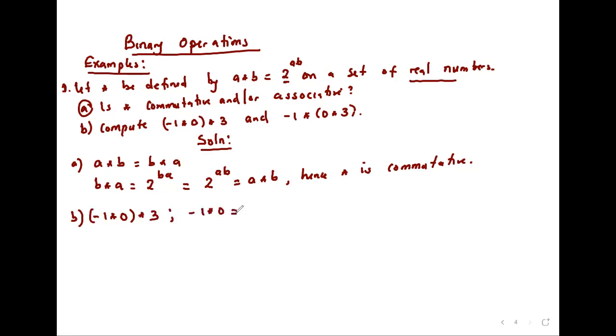Substitute there, so you have 2 to the power -1 times 0, which is 2 power 0, which is 1. So that -1 star 0 and star 3 becomes 1 star 3. Then you have 2 to the power 1 times 3, which is 2 to the power 3, which is 8.